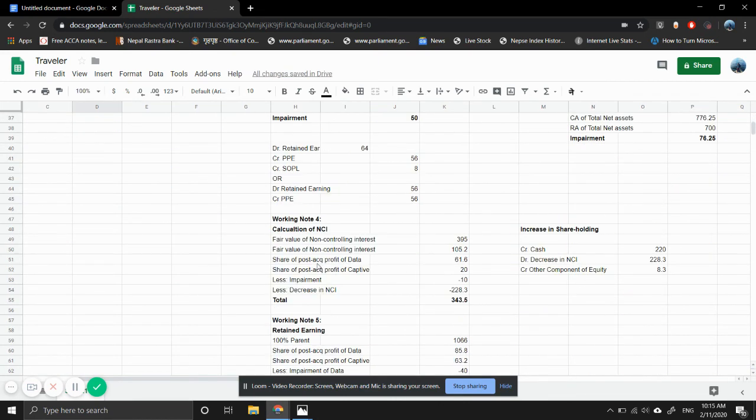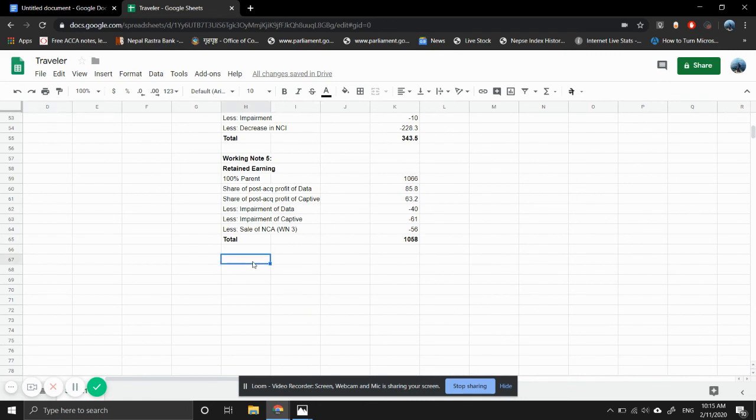Okay, so next thing is working note number 6. So what has happened with OCE is that let's not forget the component of equity. There has been a positive movement in the component of equity as well, right?